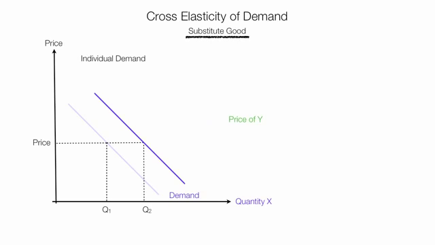Substitute goods. I'm going to calculate the percent change in quantity, and that little triangle there is equal to the change, which is delta.